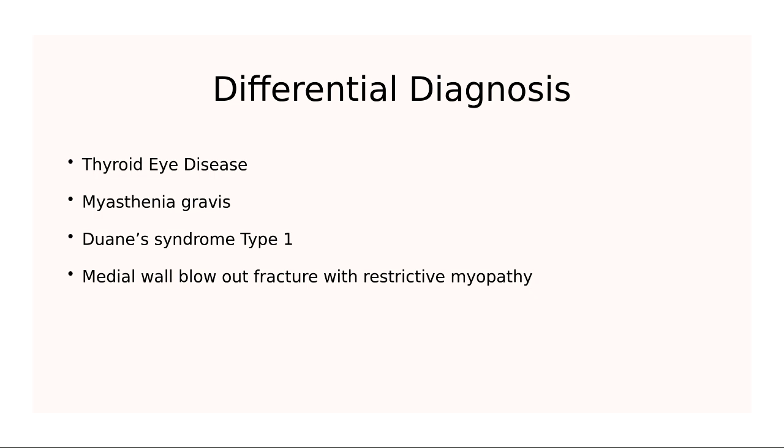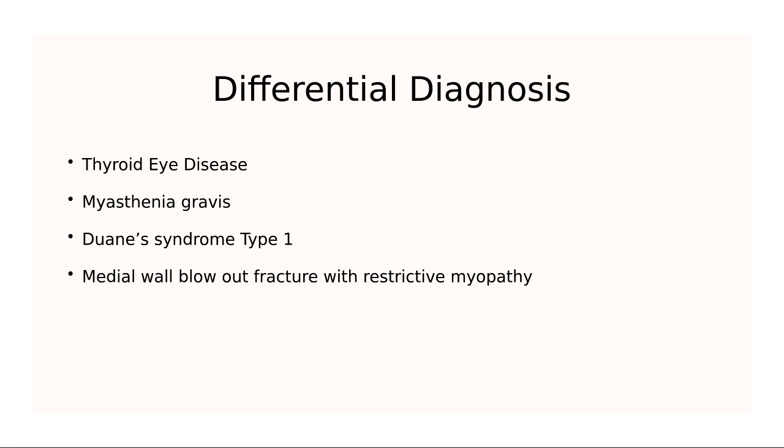It could be secondary to thyroid eye disease, which I think you had a wonderful session yesterday about. Myasthenia gravis. Duane's syndrome is a syndrome with a horizontal gaze palsy where you have poor development of the sixth cranial nerve, and therefore the third cranial nerve innervates both the medial and lateral rectus.